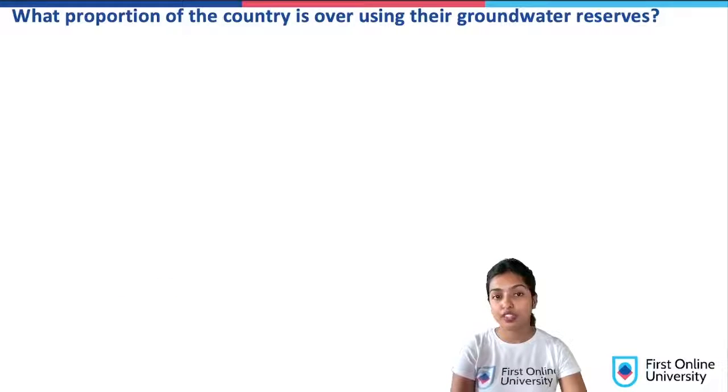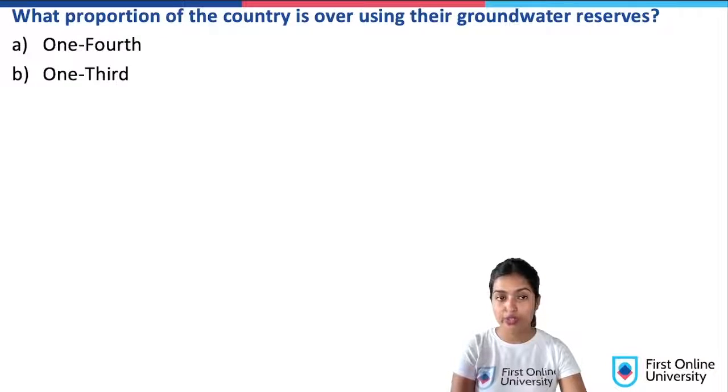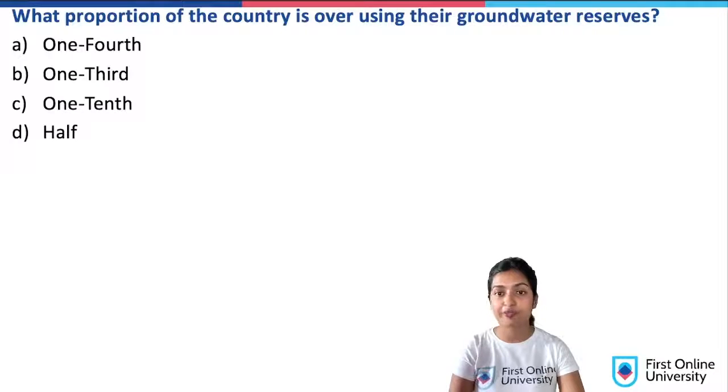What proportion of the country is overusing their groundwater reserves? A. 1/4, B. 1/3, C. 1/10, D. Half. This is an extremely factual question, so you have to remember the answers. You have to remember the numbers.